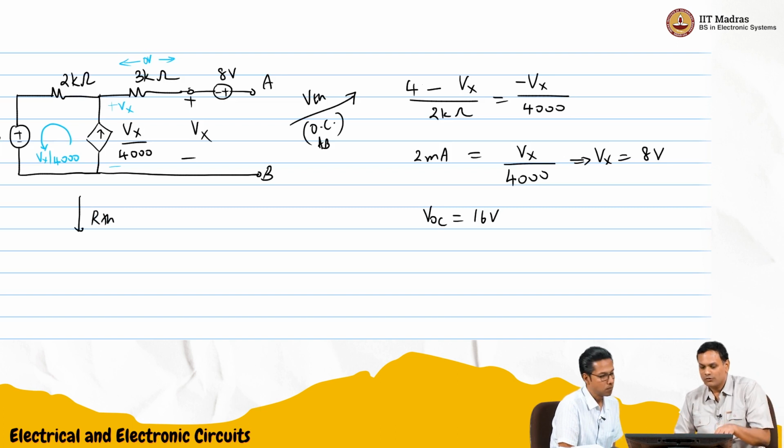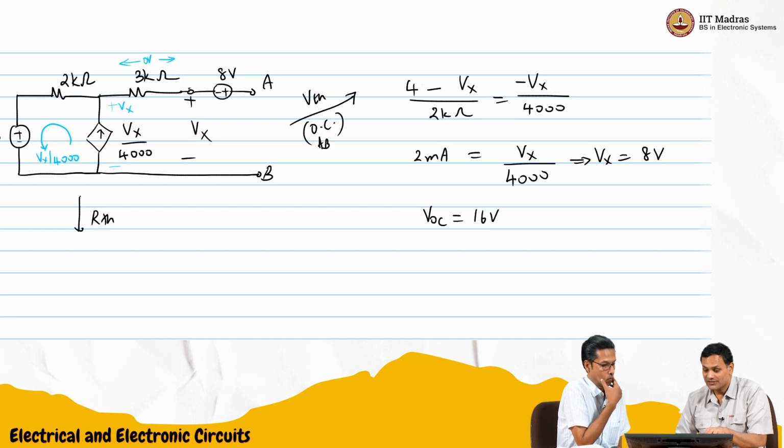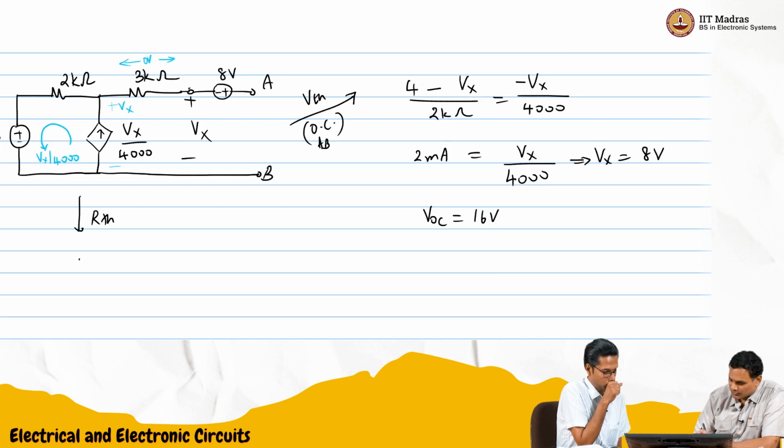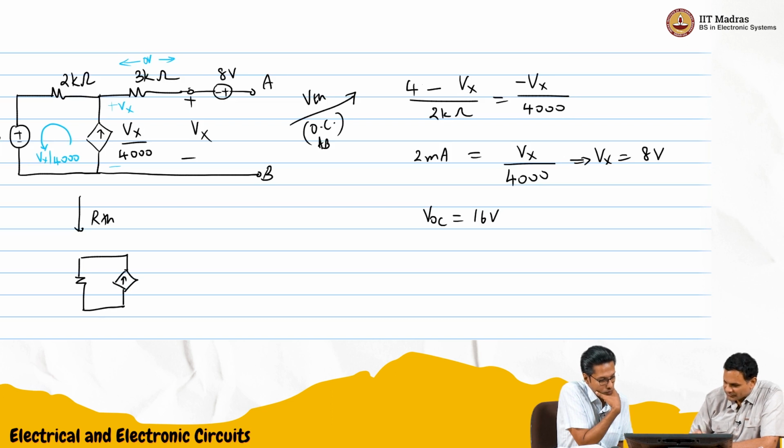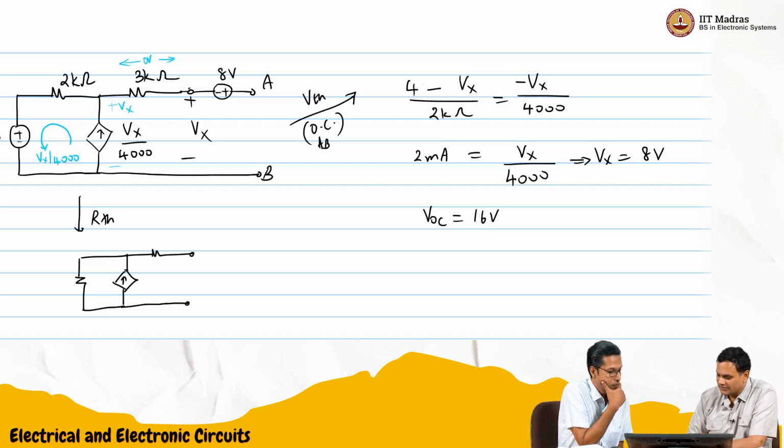So what we would do is we would short circuit the independent voltage sources. But now we still have this Vx. We need to apply a voltage and find out. So let's do that. Like this, and 8 volts is short circuited.